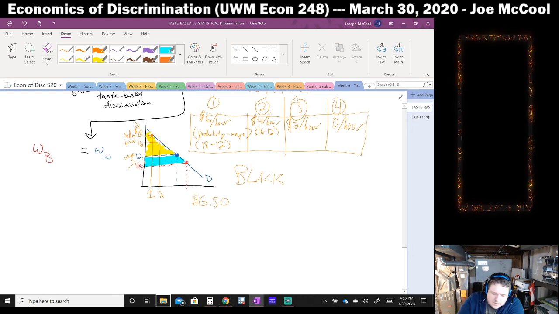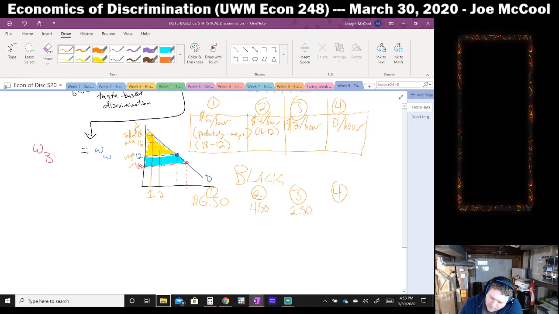So you get $6.50 an hour for the first worker. And then the second worker is going to be $4.50. The third worker is going to be $2.50.